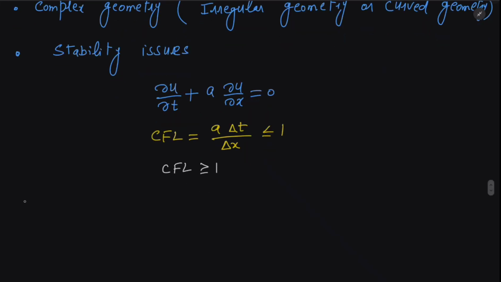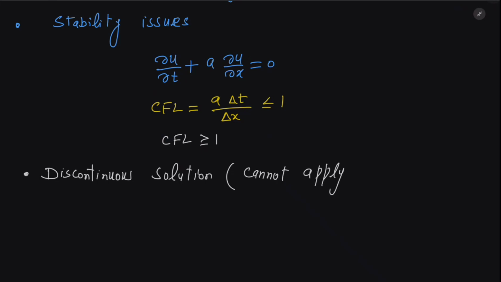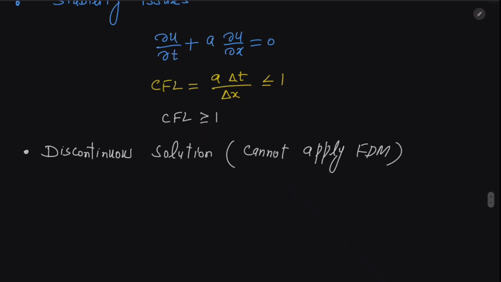Then there is a very big disadvantage of the finite difference method when we have a discontinuous solution. When we have a discontinuous solution, we cannot apply FDM, since the finite difference method is based on Taylor series, and Taylor series requires that the function should be continuous and differentiable.